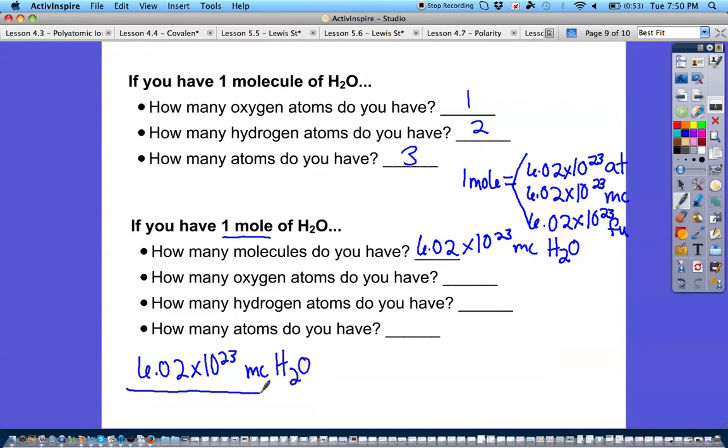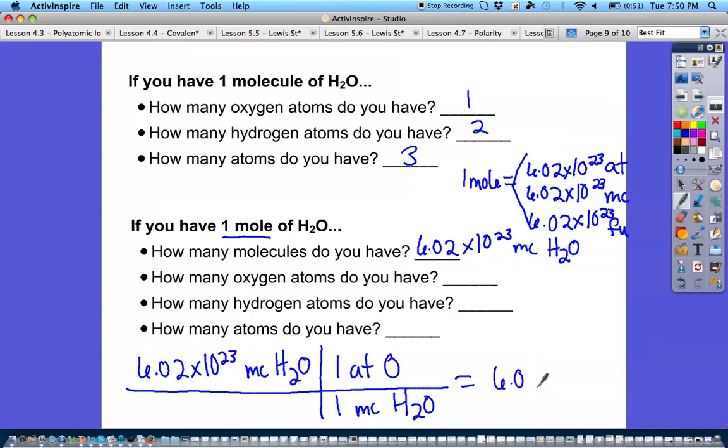In 1 mole of water, how many oxygen atoms do we have? Well, we know in 1 molecule of water, there is 1 atom of oxygen. So this is just going to be 6.02 times 10 to the 23rd atoms of oxygen. And again, it's very, very important to label your numbers so you know what you're referring to.